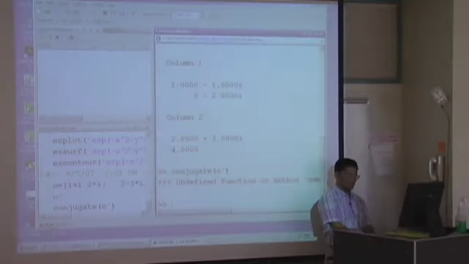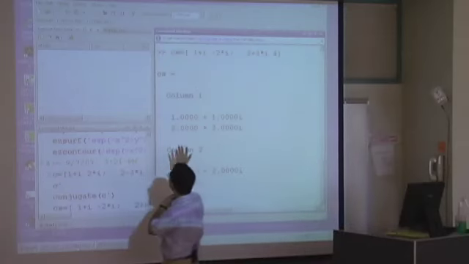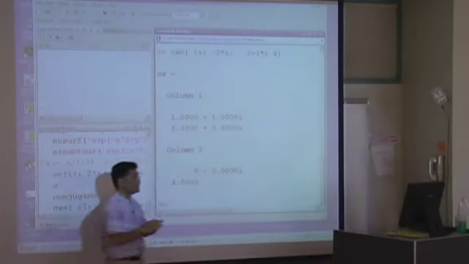C star will be defined here. C star is the complex conjugate of this: 1 plus i, then minus 2 times i, then 2 plus 3 times i, and then 4. I typed C star and C. Of course, if you know a command, then you can use it.